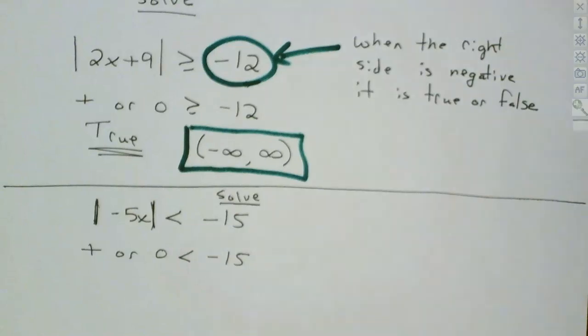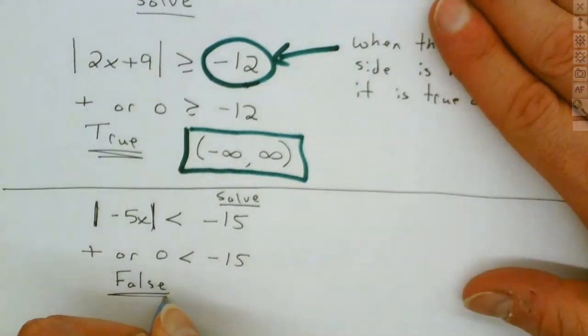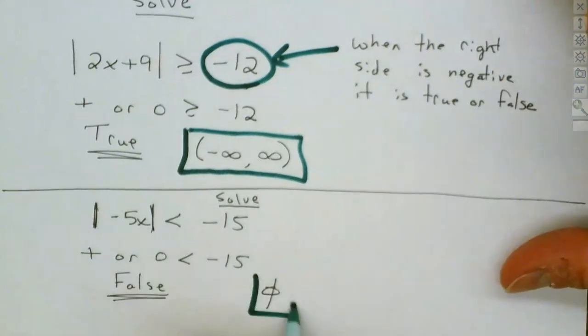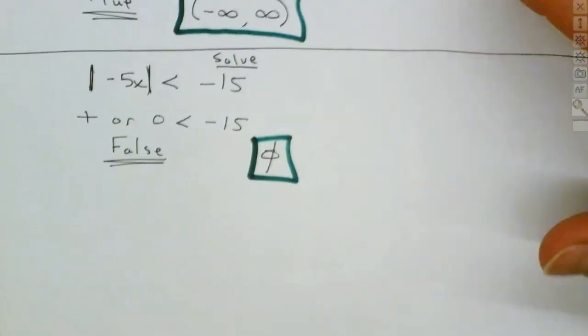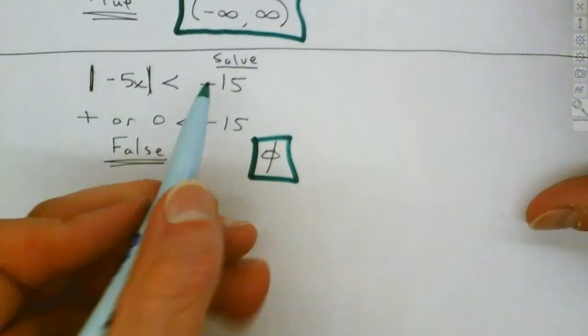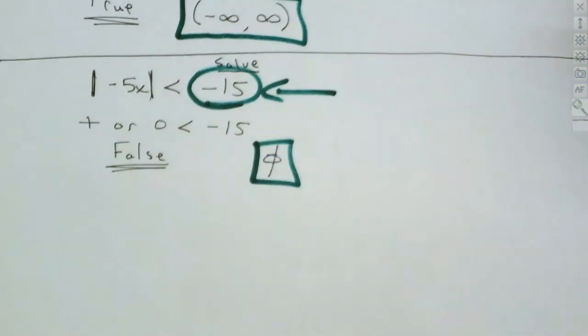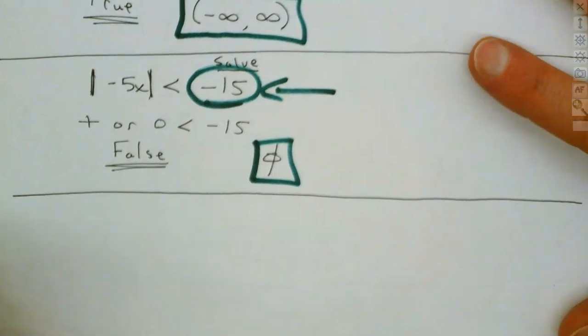No. So this would be false, and this one has no solution. Let's do a couple more to make sure we understand what's happening. Why do we look at it like that? Because that is negative, and whenever it is negative, it's either true or false, irrespective of the absolute value.